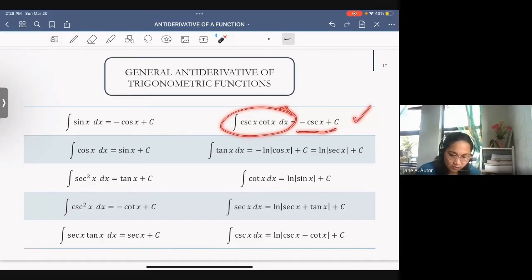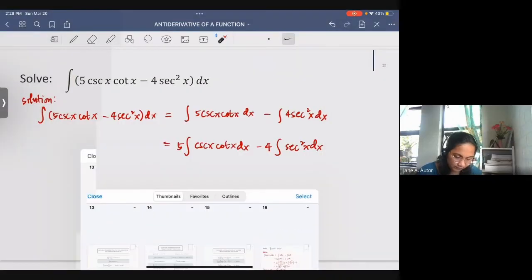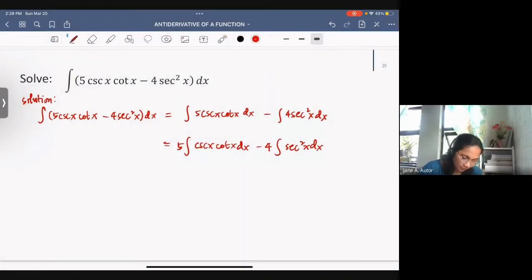Alright, so we're done with the first term. Second term is about secant squared x, and we have also 1 here. And the integral of secant squared x dx is equal to tangent x plus c. So going back to the solution, we have now 5 times the quantity.